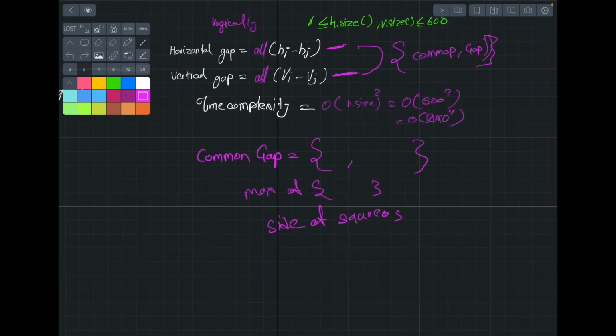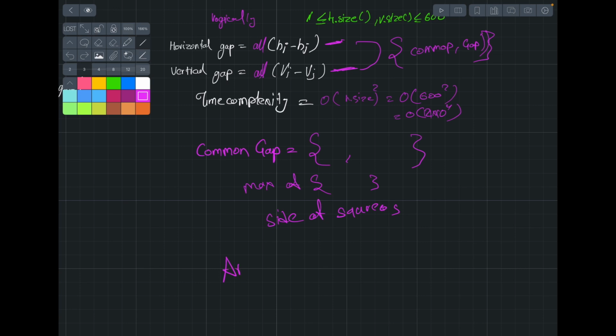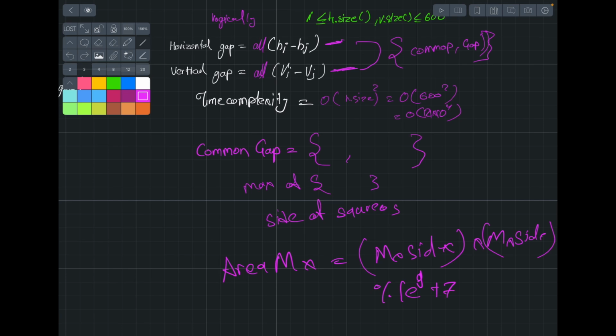And we have to return area equals max side into max side, modulo 1e9 plus 7. This will be our answer.